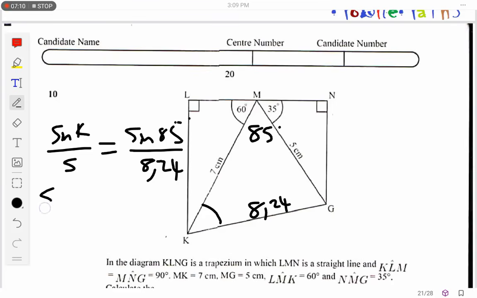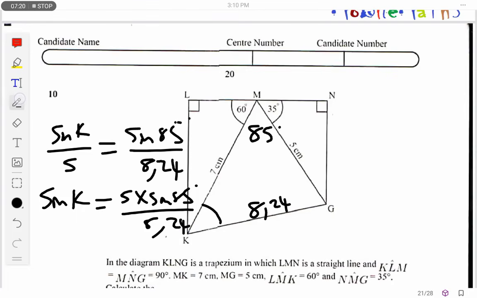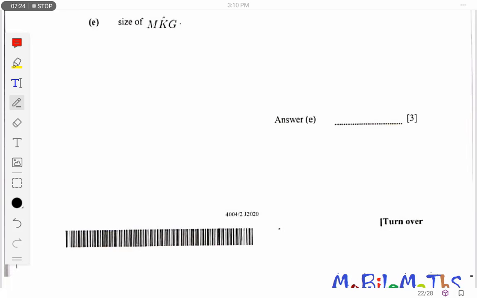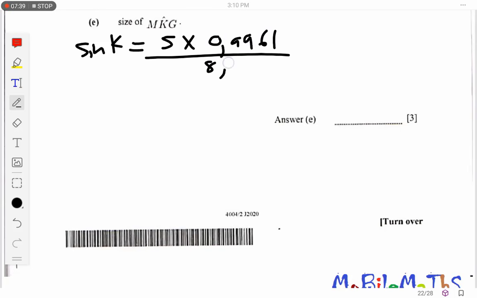Then I'll have my sine K is equal to 5 times sine 85 degrees over 8.24. So let's finish it down there. Sine K is going to be equal to 5 times sine 85, which we just calculated earlier as 0.9961, over 8.24.